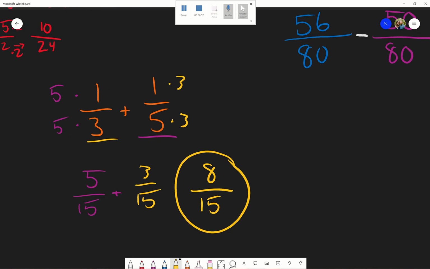All right. What if I had negative 2/3 plus 7/8. Negative 2/3 plus 7/8. First thing I want to do, common denominators. I'm not going to worry about this negative yet.